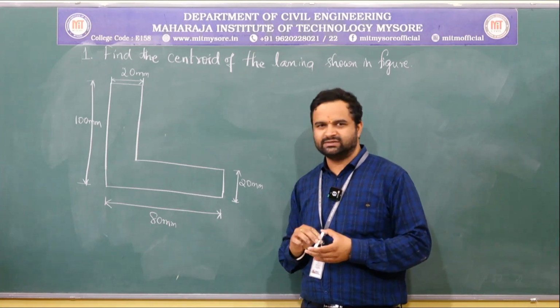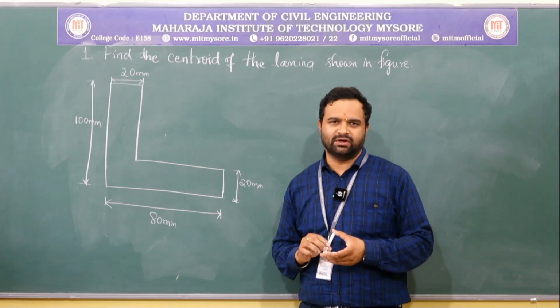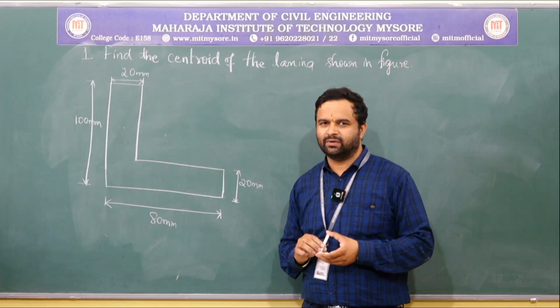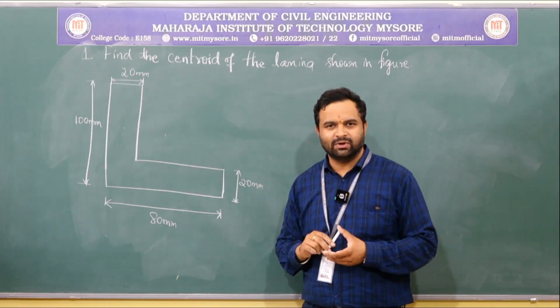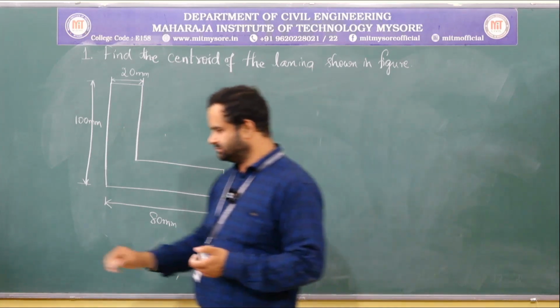So in this case, I can divide this into 2 different components. Can you guess which components I can divide this into? This can be divided into 2 different rectangles.